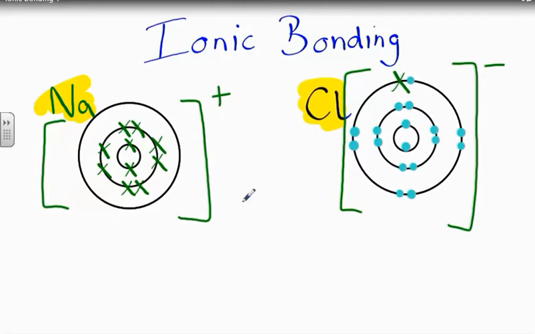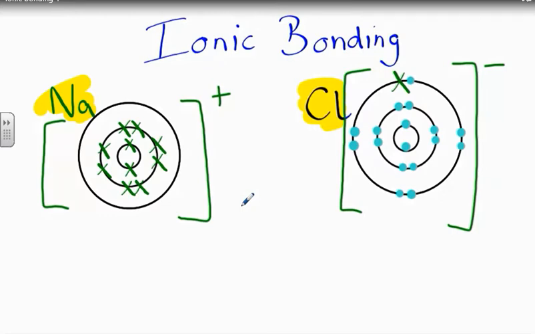So now we have a positive ion and a negative ion, so 2 oppositely charged ions, and there is an electrostatic attraction between the 2 of them. So because we've got a positive charge and a negative charge, these 2 are attracted and form a bond with each other.